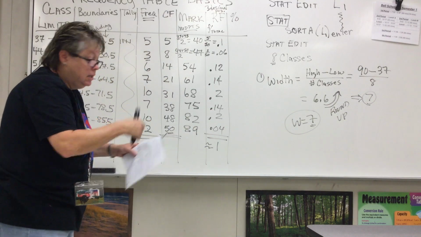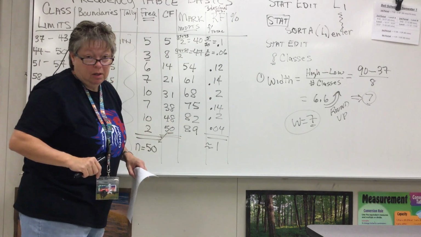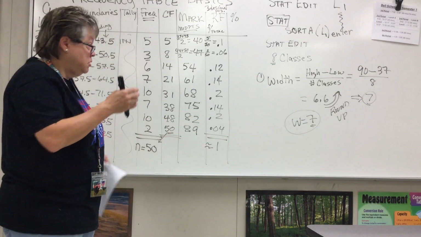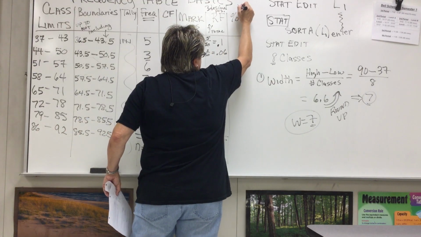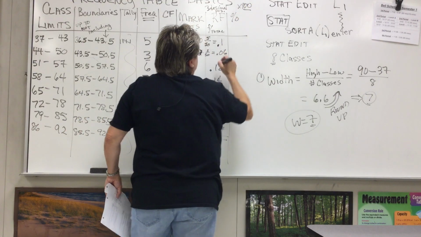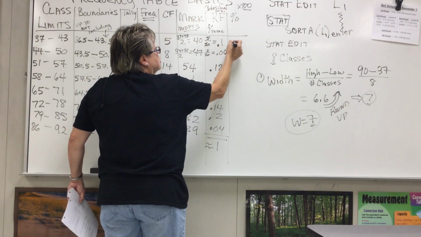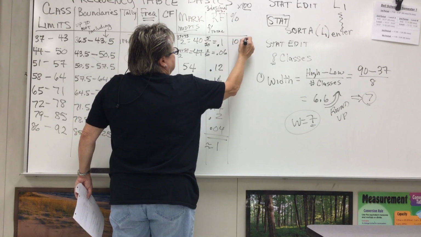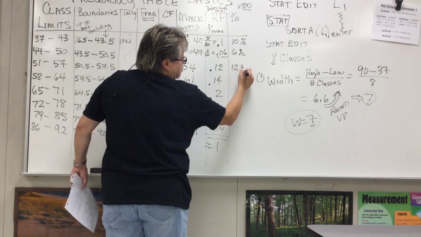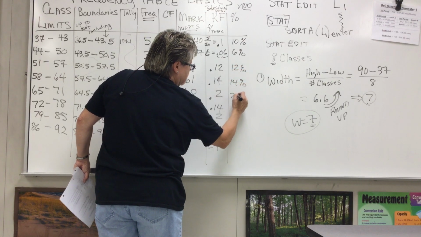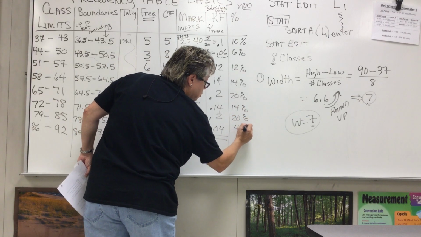Okay, it might be a 0.99, it might be a 1.01, it might be a smidge off, but it should come up close to 1. And then finally, sometimes we like to convert the decimals to percent. A way to do it if you're uncomfortable is to multiply by 100, or, as some of you may know, move the decimal 2 places to the right. So here we'd have 10%, 6%, 12%, 14, 20, 14, 20, and 4.